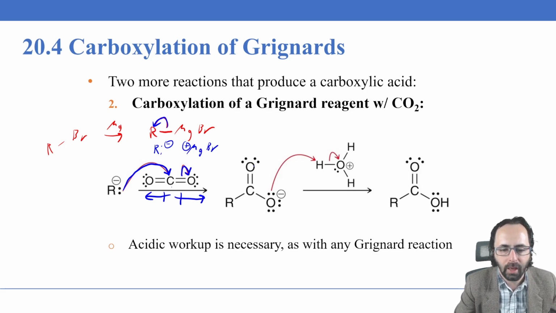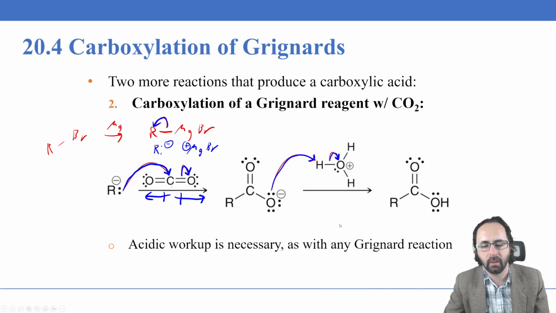At that point, we have a carboxylate anion here, and all that's left is to follow this up with acid to be protonated. So notice this oxygen now does not have a double bond to carbon. It has a single bond with not 2 lone pairs, but now 3, giving it a negative formal charge. And so if we expose it to acid, we can then protonate it, and we get the ultimate carboxylic acid here.